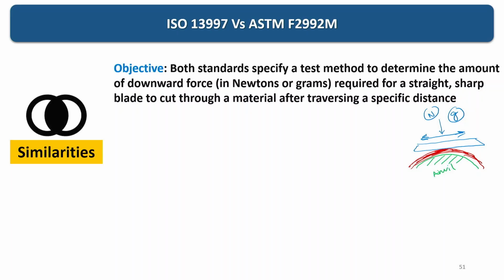For a certain load, it is moving, and as soon as there is a cut formation, there will be an electrical connection between the anvil and the fabric, and it will immediately stop. Before the hole forms, the knife travels a certain distance at a certain constant load, and the specified distance is typically 20 millimeter.